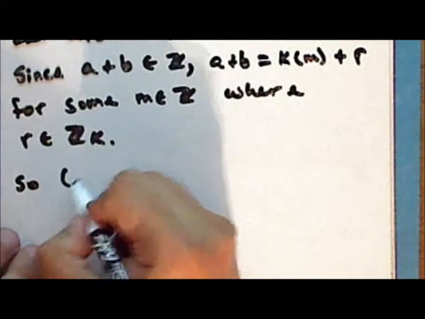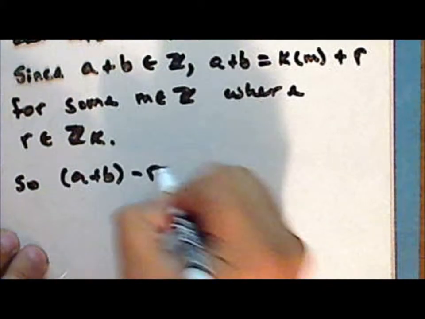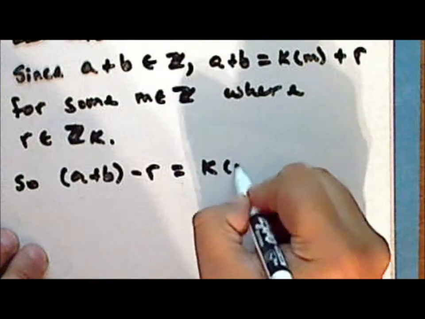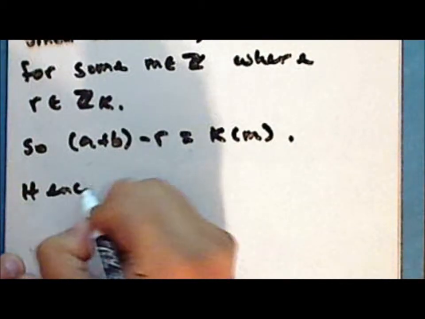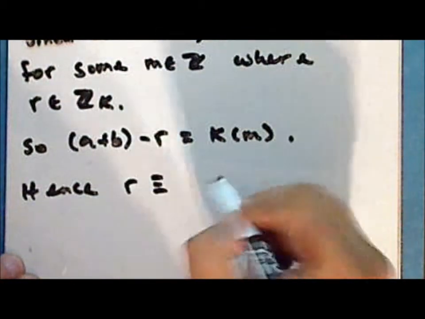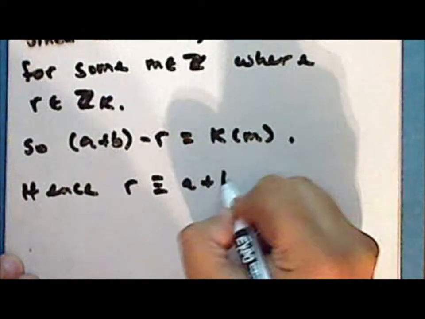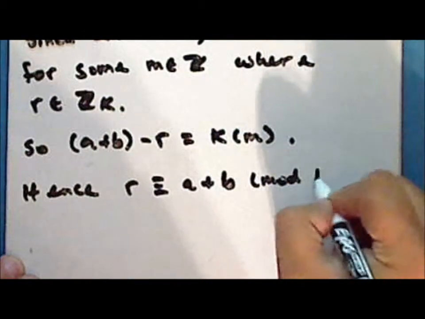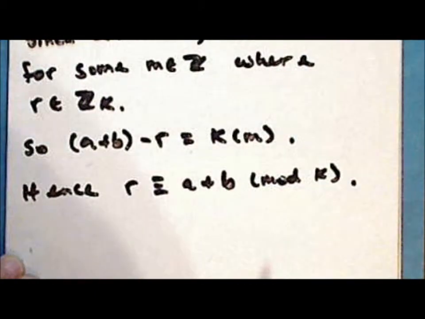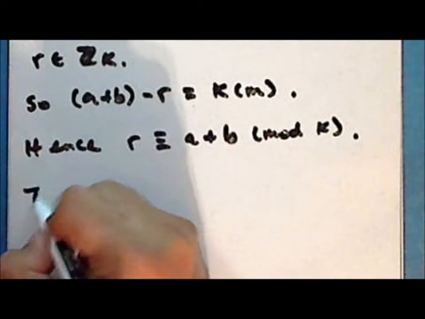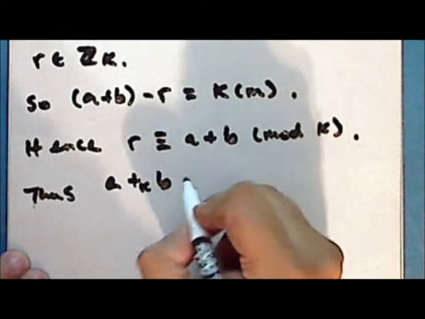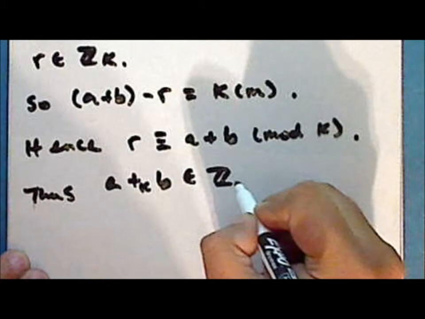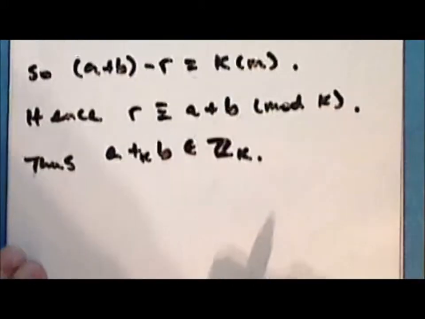And so we have that the sum a plus b minus r is an integer multiple of the positive integer k, and hence r is congruent to the sum a plus b modulo k, and thus the sum modulo k of the elements a and b is an element in the set of integers modulo k.